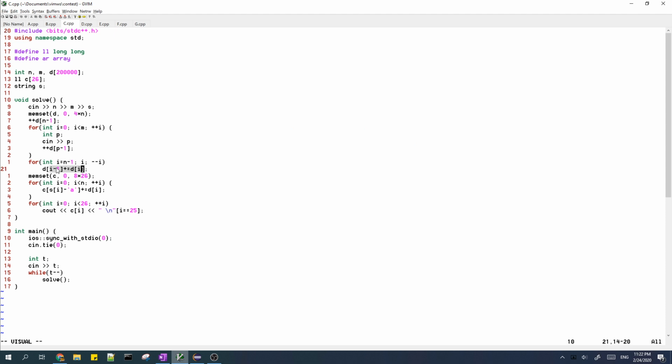So now in this array D, we store how many times the index i will be pressed. After we have that, we go through all characters in the array, and since we have the number of times the index i is pressed, we can add that to our count for each letter. After we process all the characters, we have our counts and we can output them.